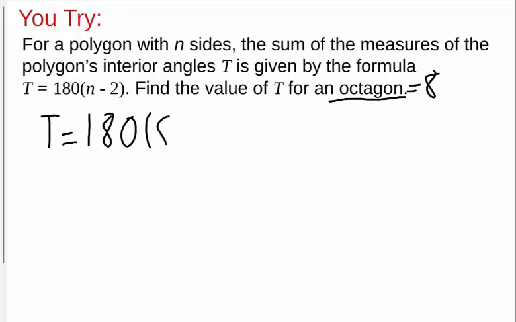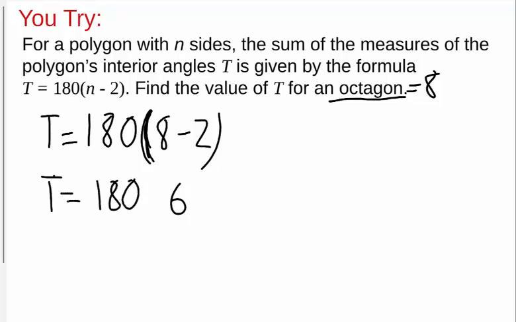So 8 minus 2. All right, in this case, we have parentheses. All right, 8 minus 2 is 6. So t equals 180 times 6.